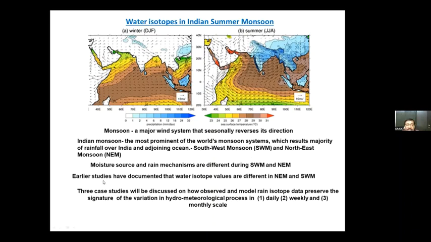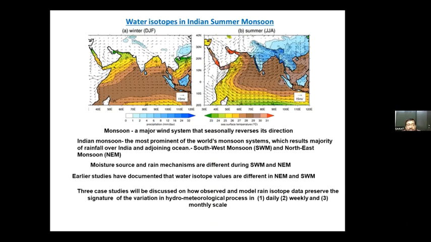Earlier studies have documented that the water isotope values are entirely different. Both the delta 18O, delta D and d-excess values are pretty different during these two monsoon seasons, so they can preserve the signature of a particular monsoon system.